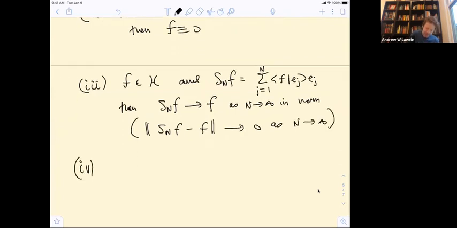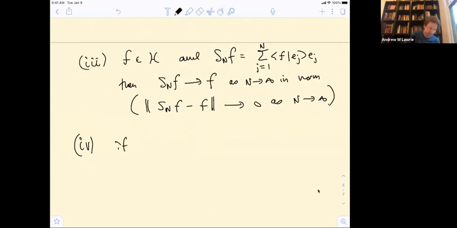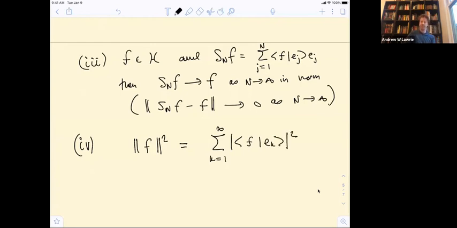And the last equivalent proposition is that the norm of f squared is equal to the sum from k equals 1 to infinity of the inner product of f with e_k, squared. Okay, so each of these properties is equivalent.